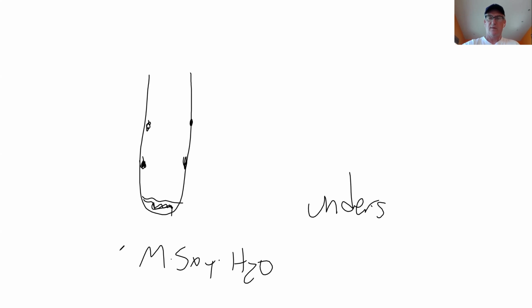So if I have my test tube here, here's my sample of the hydrate. So that's M sulfate hydrate. If I already have water on the sides of the tube before I start heating it, am I going to underestimate the amount of water or overestimate?